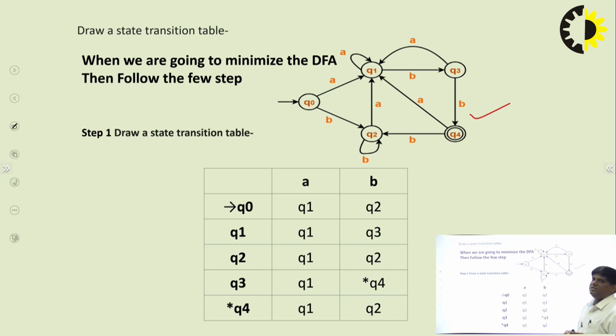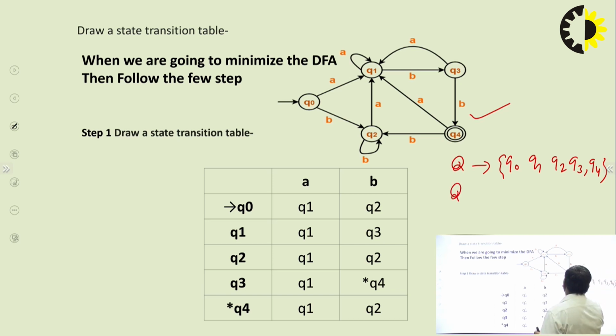In this DFA, if we explain the 5 tuples, what is the capital Q? Capital Q is Q0, Q1, Q2, Q3 and Q4. This is your capital Q. Now, what is the Q naught?